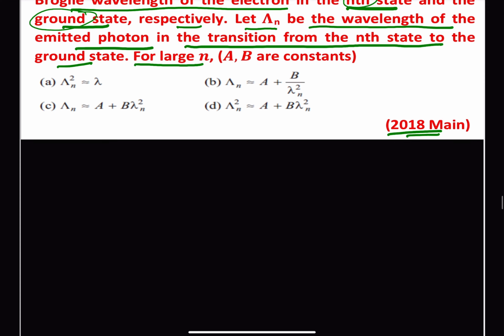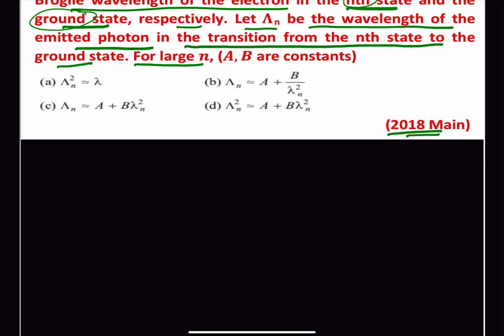And we can say that the standard formula for energy is equal to our... okay.